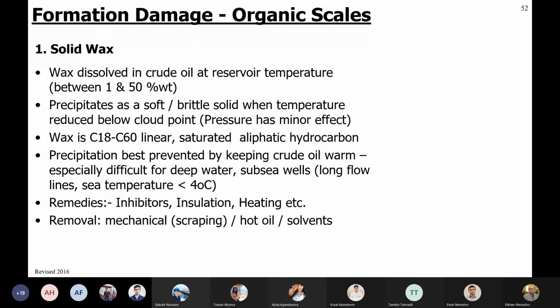One of the ways to prevent wax precipitation is keeping crude oil warm.